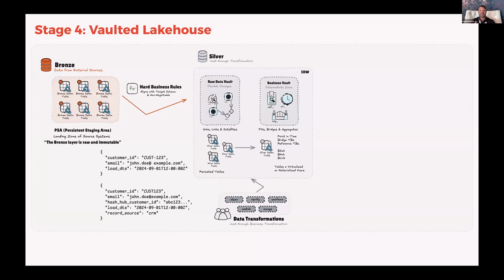So I truly think the business vault is a huge thing inside of the lakehouse, because it's going to abstract the complexity that you have. And as Dan says, you can start virtualizing it, and eventually if the performance hits pretty hard, then you can just push this as a table and materialize it. And last but not least, you have the soft business rules.